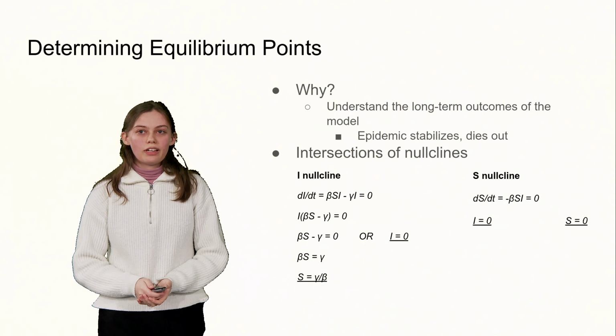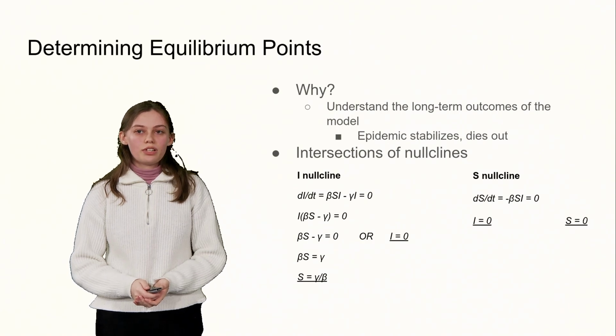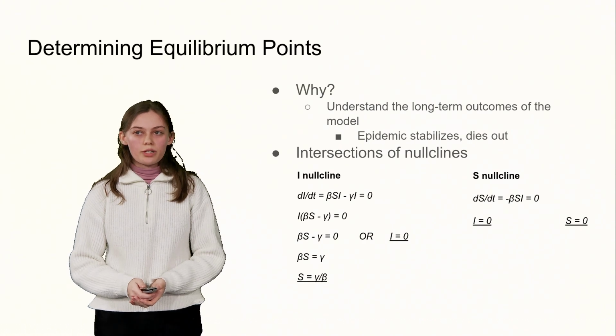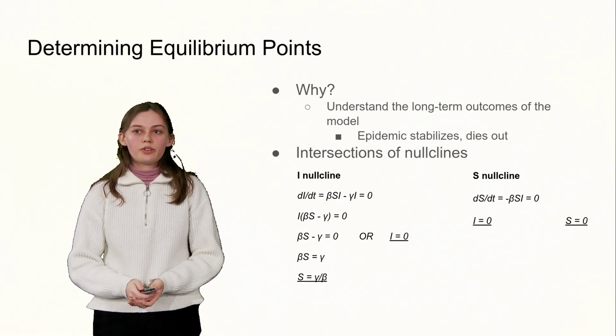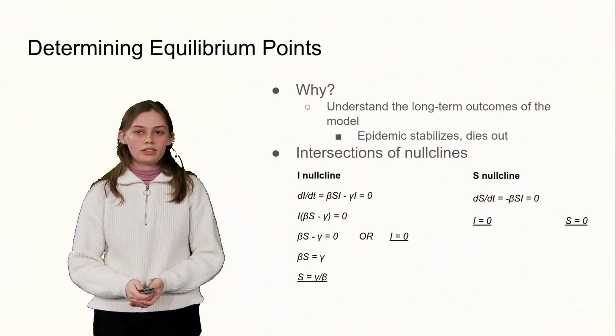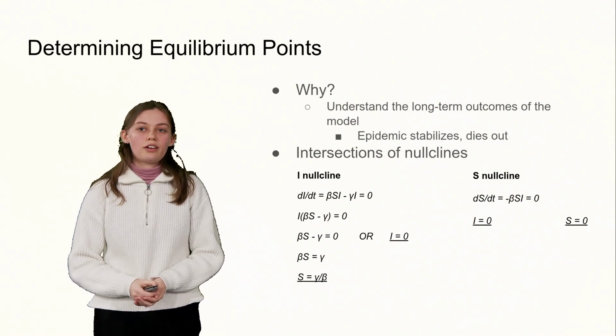Now that we know about null clines, what we want to do is find the intersection of these null clines because this gives us our equilibrium points. And equilibrium points are very important as we can understand the long-term outcomes of our model using them. So it's essentially parts where the epidemic will stabilize or die out, where all of the slopes are equal to 0.